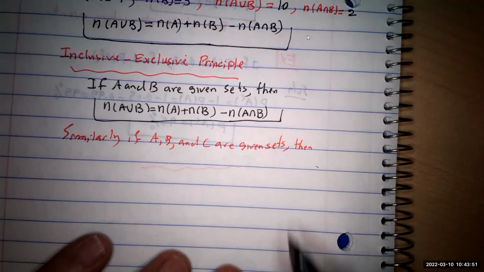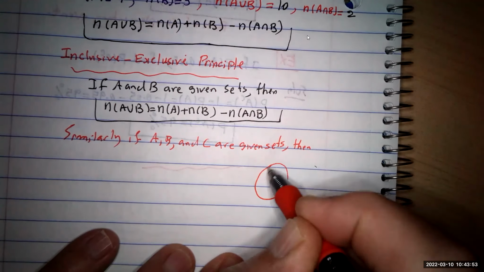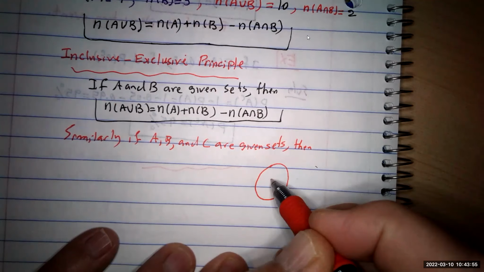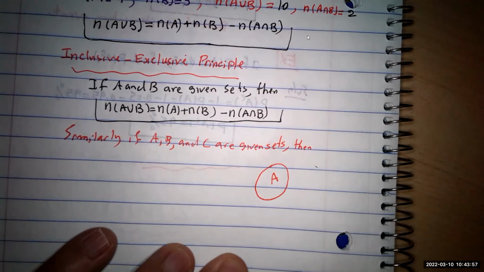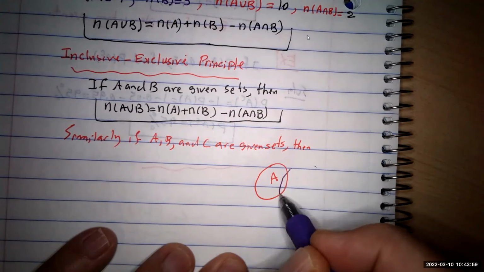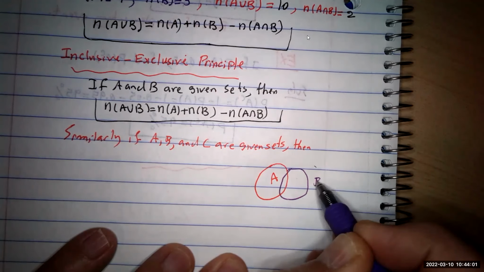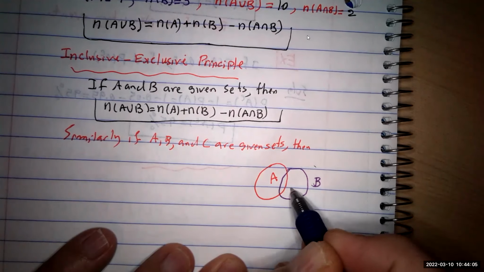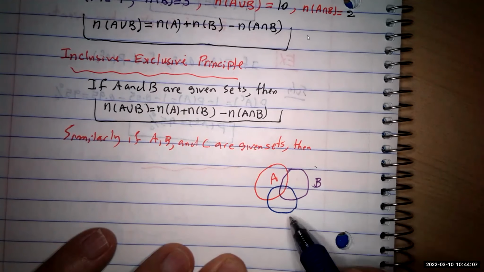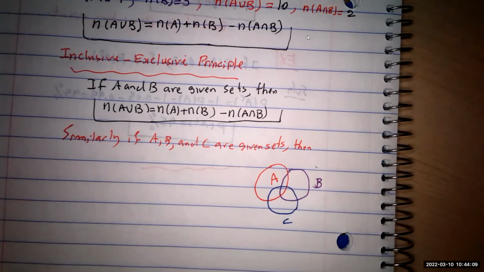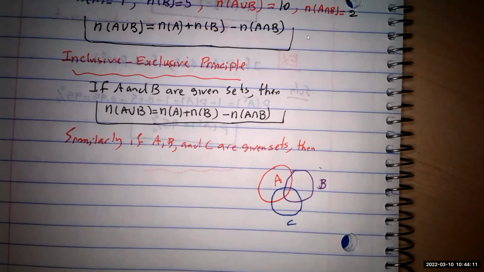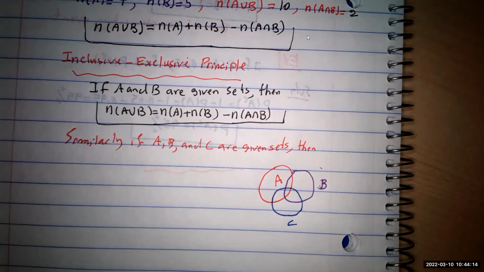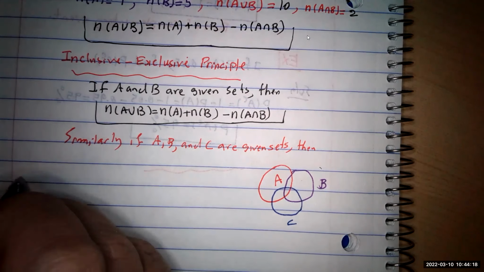See, for the 3 sets, this is your situation. This is the set A, for example. This is going to be the set B. And there is going to be a C here. Again, you have to make sure that you are not going to count one element 3 times or twice. So this is going to be your formula.